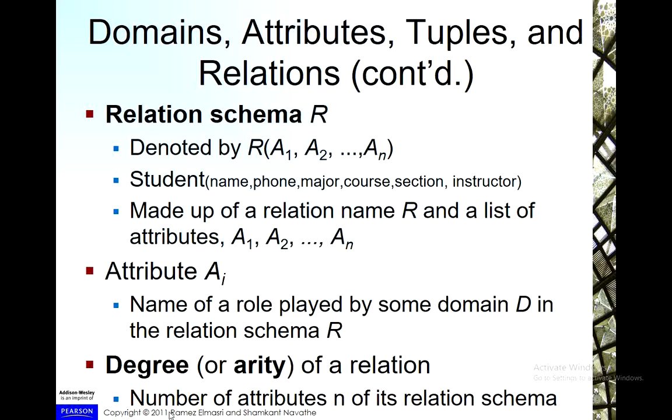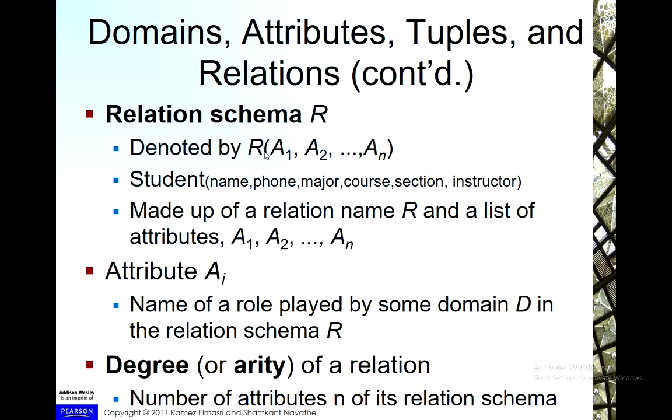A schema is another concept that we can explain. A relation schema R is denoted by R. So the relation schema is another concept that is used for the whole relational database, which shows the big picture of the database, the big picture of the mini world.